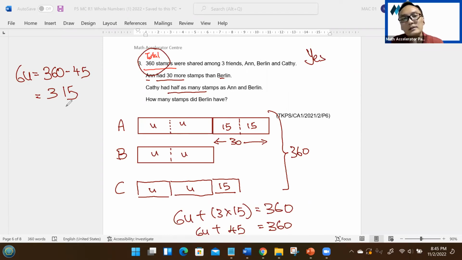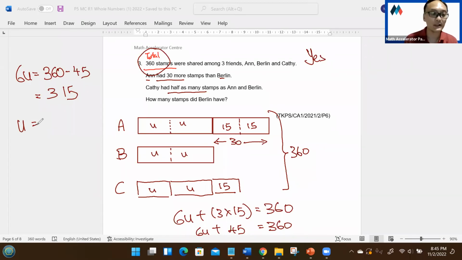Okay, up to this point, everybody okay? If okay, you understand, please type the word good so that I know that you can follow. Okay, great. So the next step, you help me find out what's the value of 1 unit. Very good, thank you.